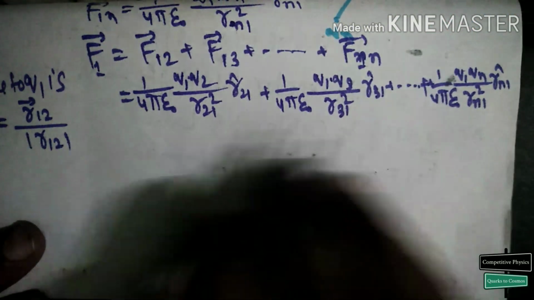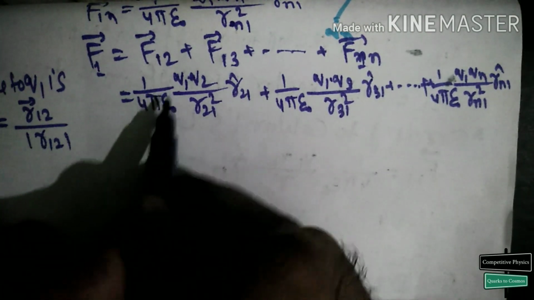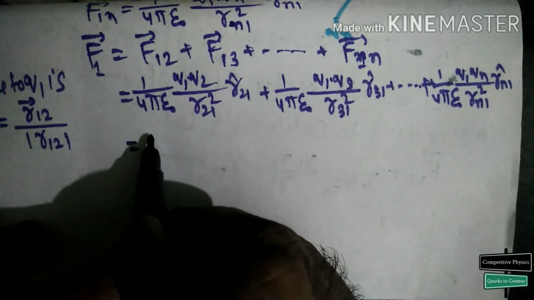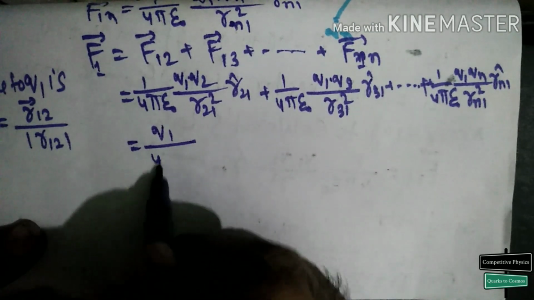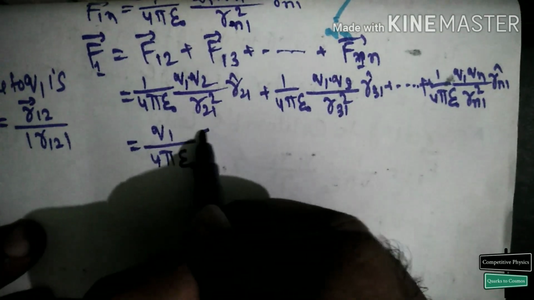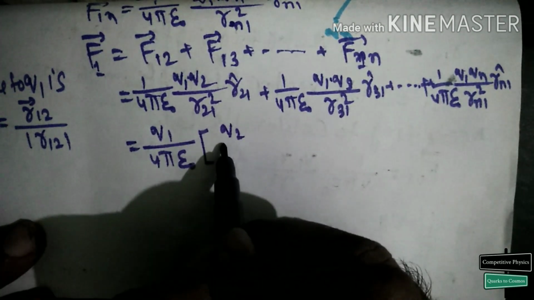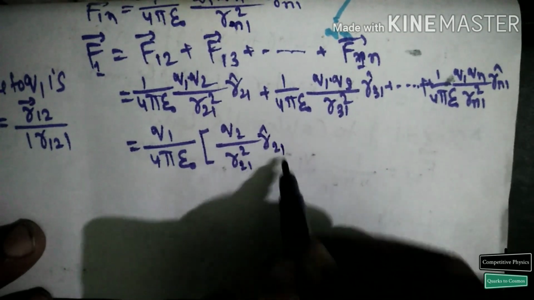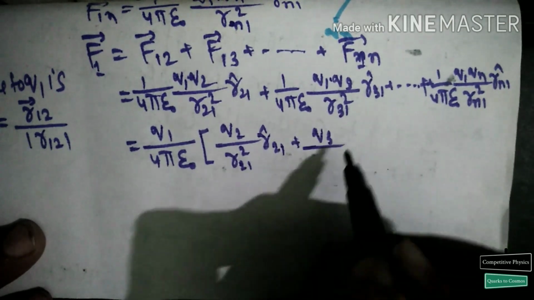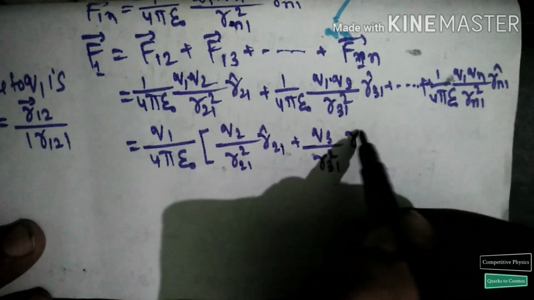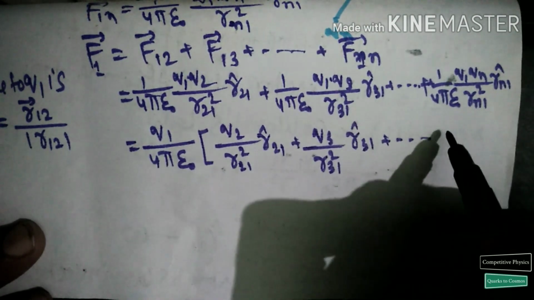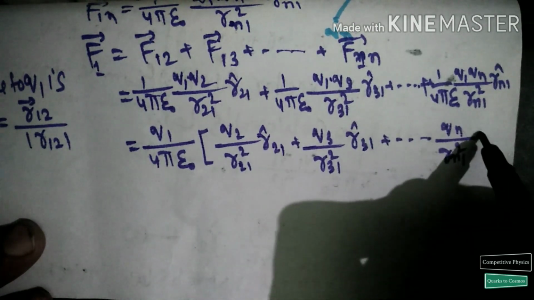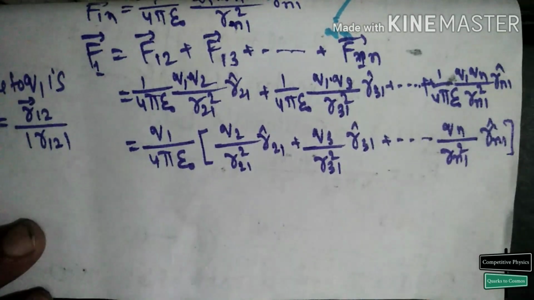You see that something is common. What is common? q1 upon 4 pi epsilon naught is common in each term. Let us take it out. What you are left with is q2 upon r21 square r cap 21, plus q3 upon r31 square r cap 31, plus and so on, qn upon rn1 square rn1 cap.